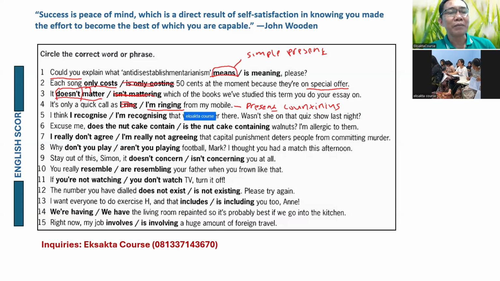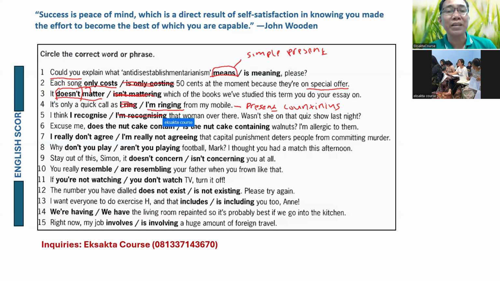Next, number 5. "I think I recognize, I'm recognizing that woman over there. Wasn't she on that quiz show last night?" Here, the answer of number five is "I recognize." I think I recognize that woman over there.